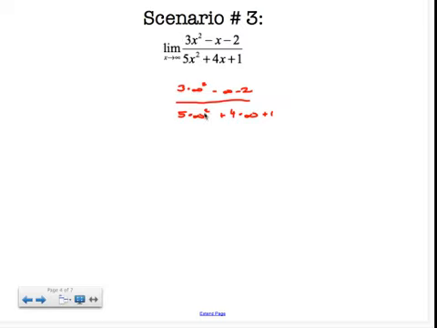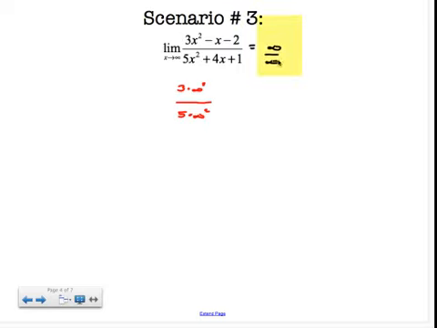So an infinity squared is much bigger than a 4 times infinity. So really what you're looking at here is just these first two terms, and those both are very, very large.